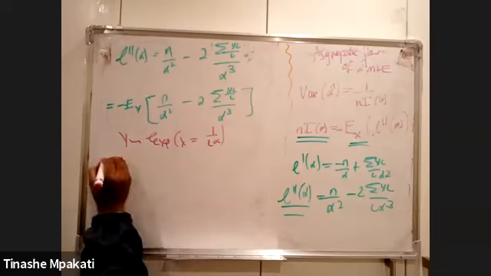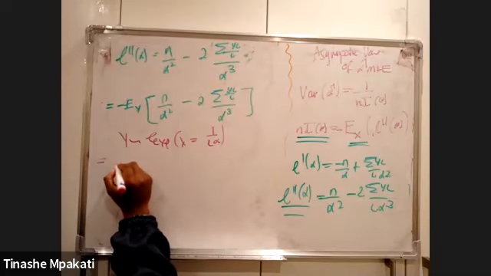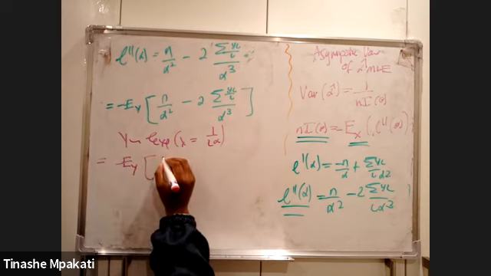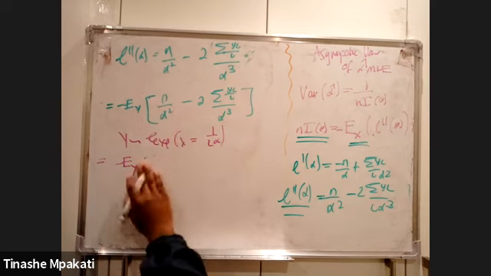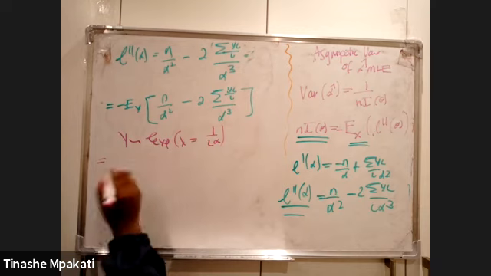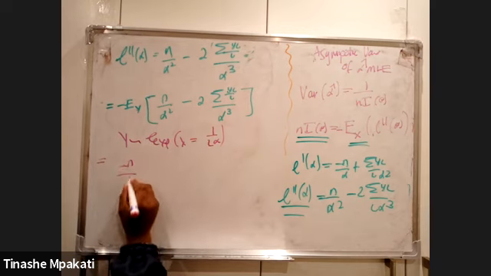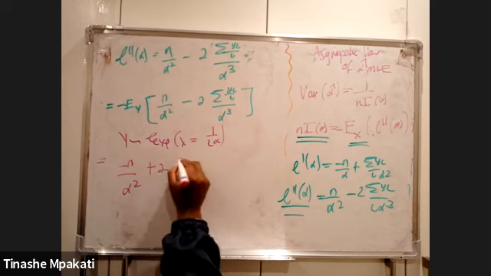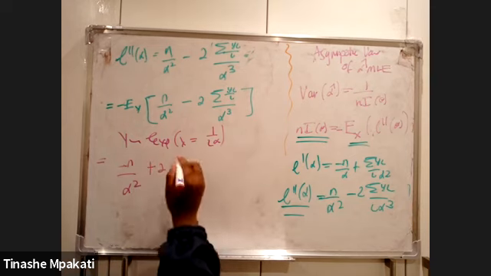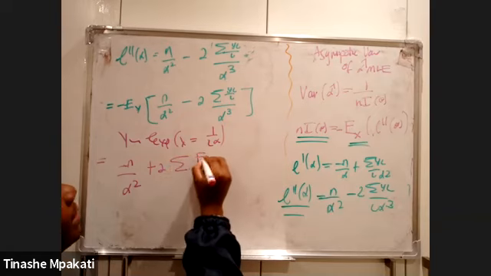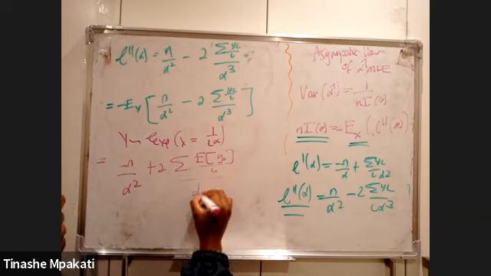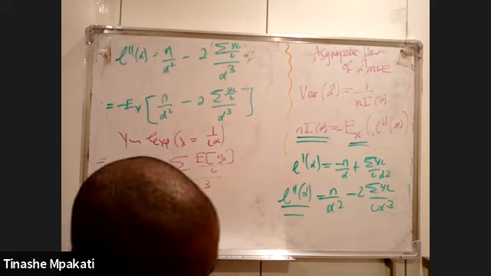In this case, this will be equal to the negative expectation of y, but the n will not be affected by the constant, so we have minus n over alpha squared, then plus 2, the summation of the expectation of yi divided by I, or divided by alpha 3, like that. Okay.